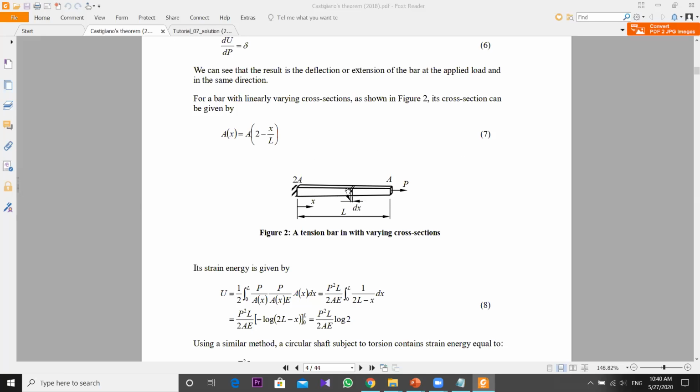So this is the cross sectional area around this point, 3a divided by 2. When you substitute L here, the cross section will give the cross sectional area somewhere here. Is it clear? Yes, sir.